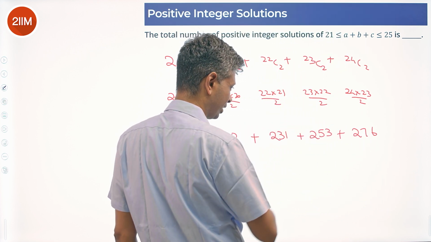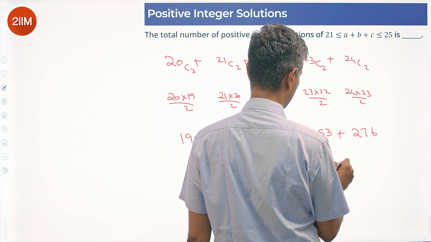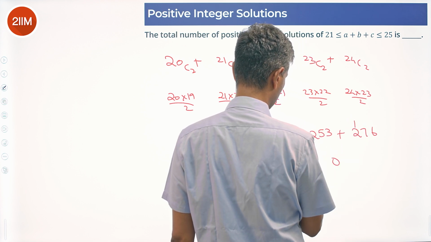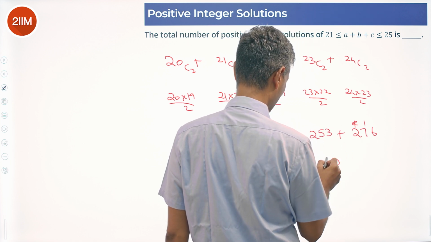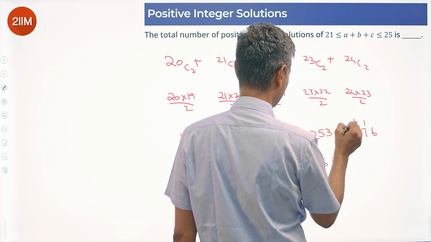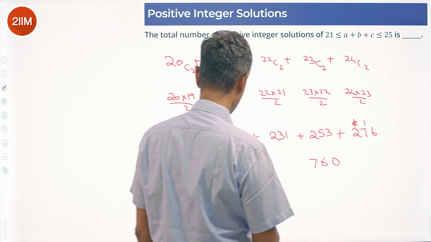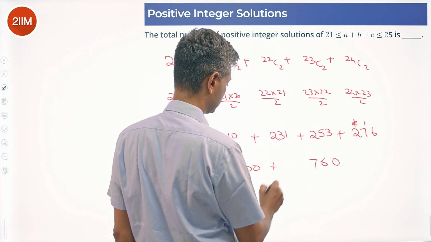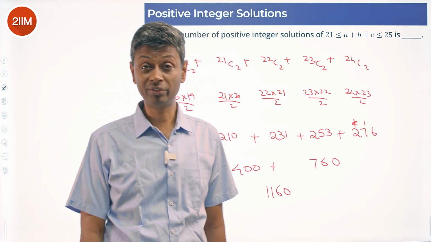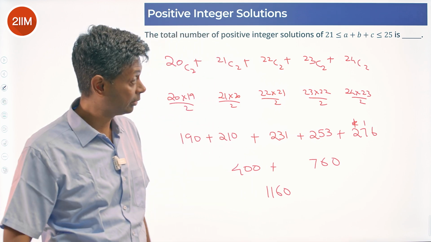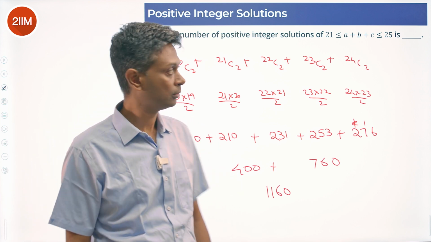These two add up to 400, I can add just these 3, 9 plus 1, 10, 0, 1, 3, 5, 1, 8, 13, 16, 6, 1, 3, 5, 7, 760 plus 400, 1160. Very nice, very simple question. Once you know the framework n minus 1 C r minus 1, this becomes super cool, super straightforward.